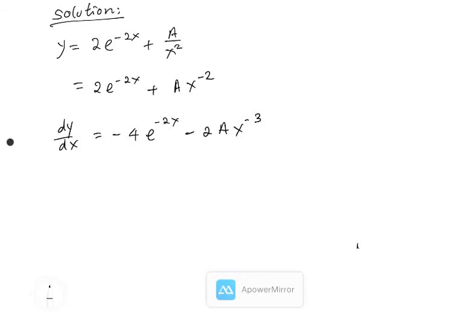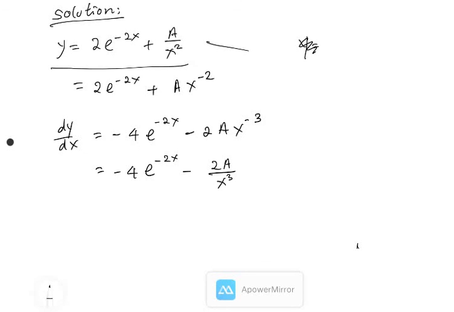This is equivalent to negative 4 e to the negative 2x minus 2a divided by x power of 3. Now what is a here? From the equation, we know that y equals 2 e to the negative 2x plus a over x squared. So can you rearrange it by writing the constant a?